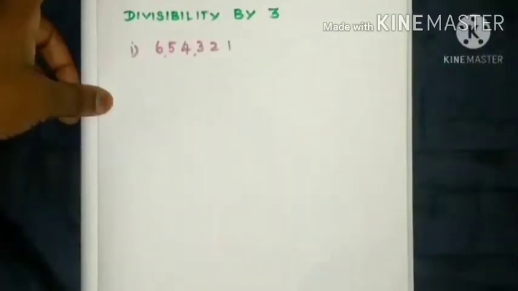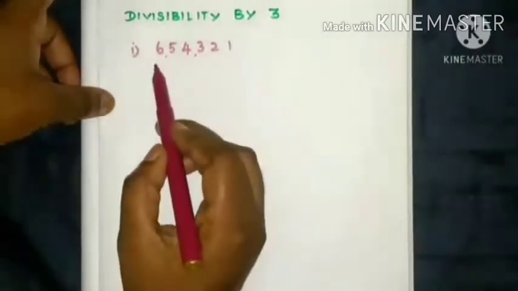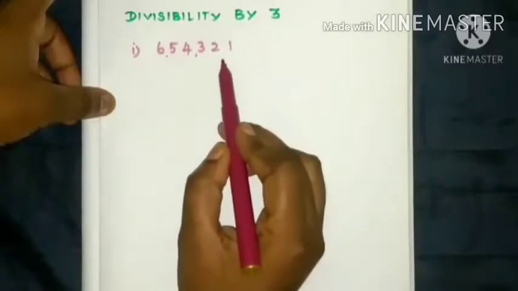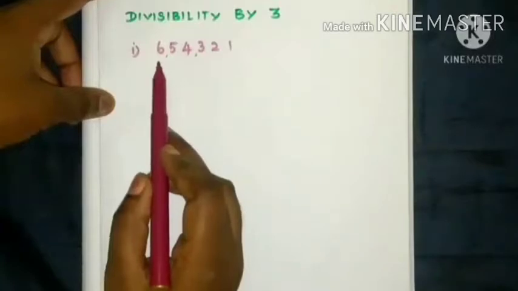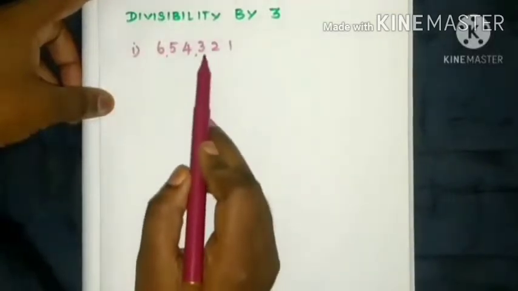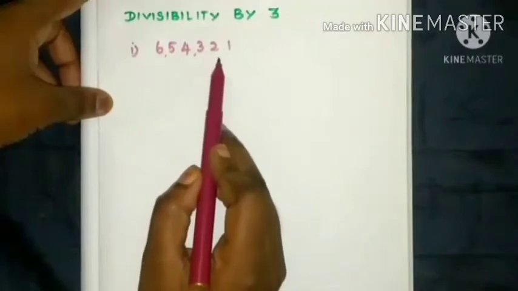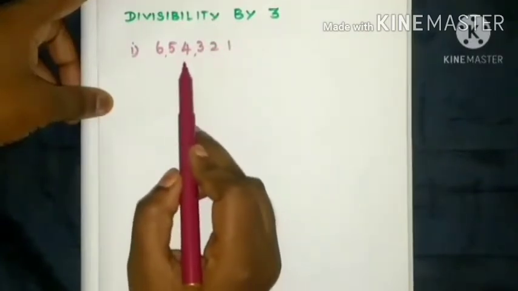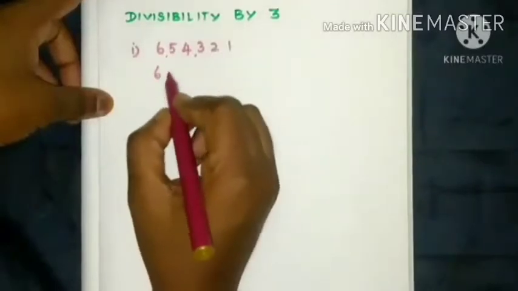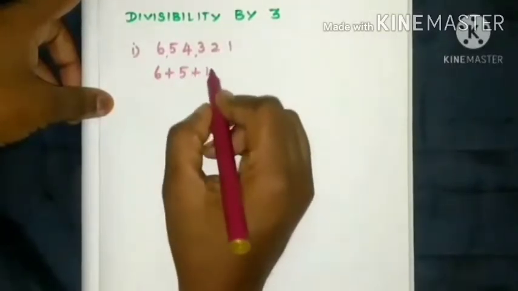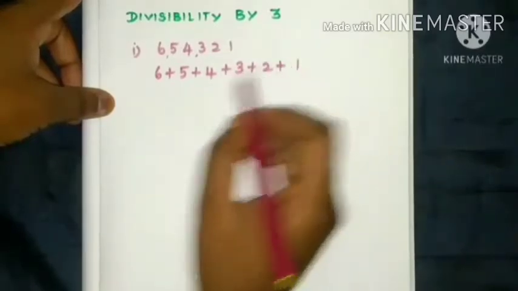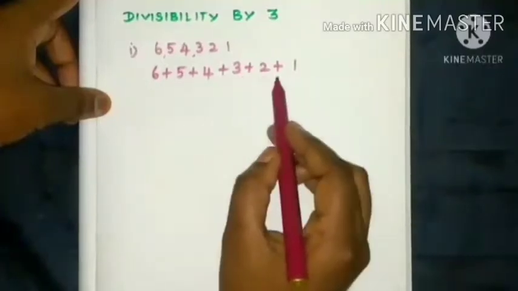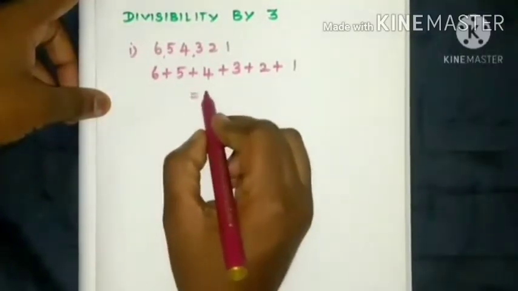And the next one is example for divisibility by 3. Now let's check whether 6,54,321 is divisible by 3 or not. The rule for divisibility by 3 is a number is divisible by 3 if the sum of its digits is divisible by 3. For that you have to find the sum of the digits. 6 plus 5 plus 4 plus 3 plus 2 plus 1 is 21.